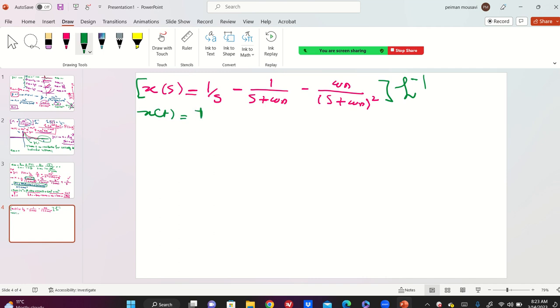This is obviously the input to the system, a step. This is the exponential term, e to the minus omega n t. And as we did previously, it's going to be omega n t e to the minus omega n t.